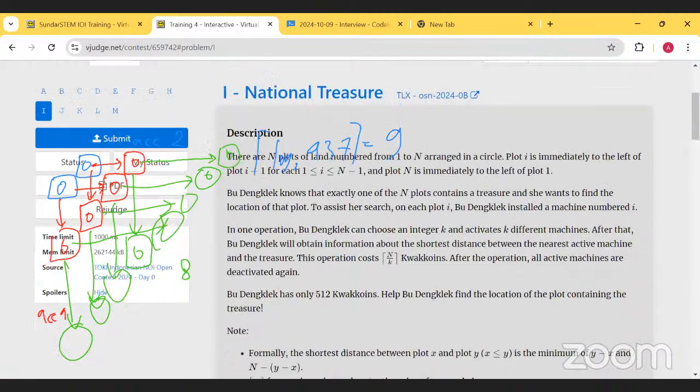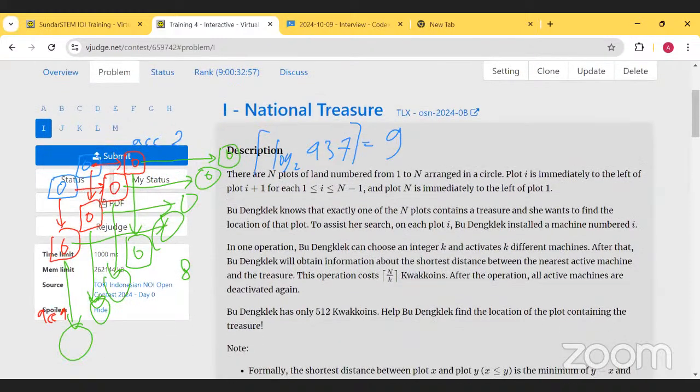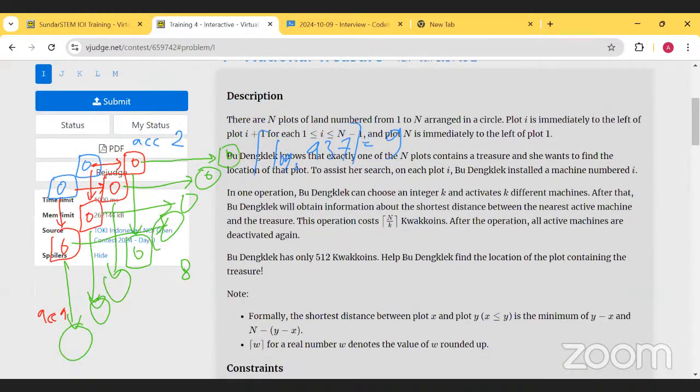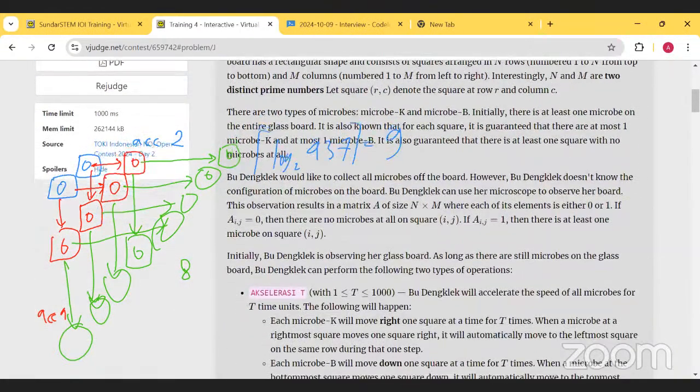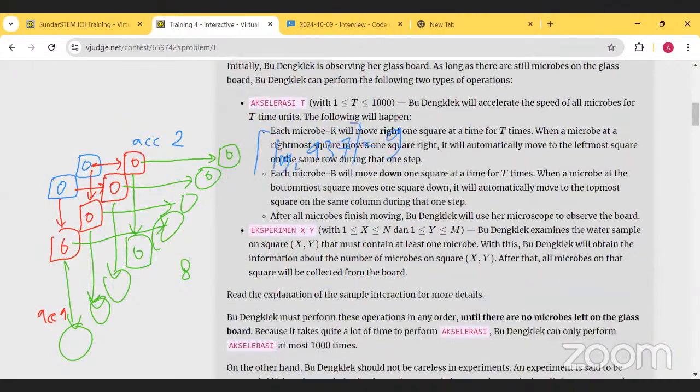Let's say in problem I, sorry, what if the cost is not fixed, so only n divided by k? What will be the solution? For example, like that. If you want to improve the problem.